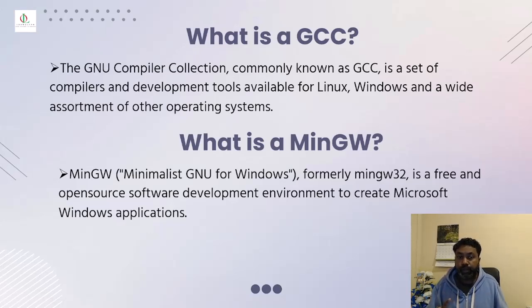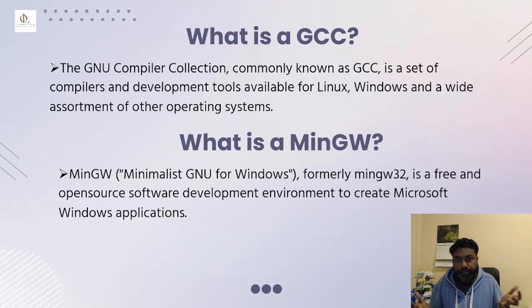And what is MinGW? MinGW is a minimalist GNU for Windows. For Windows, you need a special file to run and for the compilation process to happen. Formerly it was named MinGW32, and now it's coined as MinGW. It is a free and open source software development environment to create Windows applications, and you can run your code in it. These are the two names that you have to remember, and both could be interview questions.